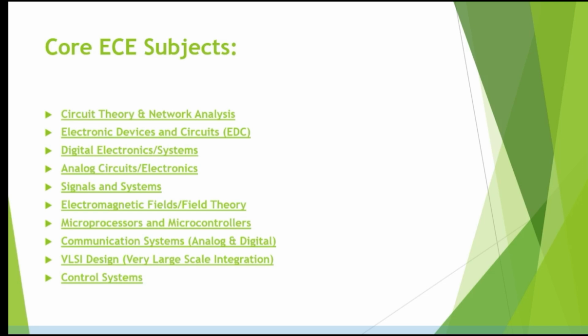So, what do these core subjects basically do? They establish the mandatory technical domain knowledge, covering all the topics required for professional certification, competitive engineering exams, and also for industrial jobs. So this is what the core ECE or EEE subjects refer to.